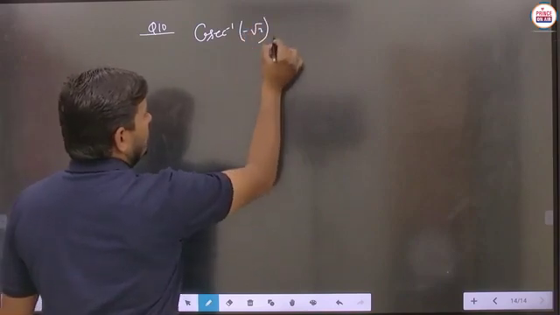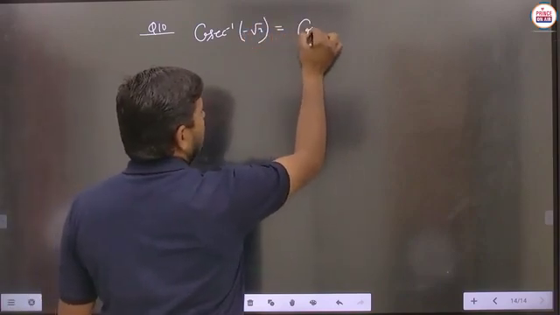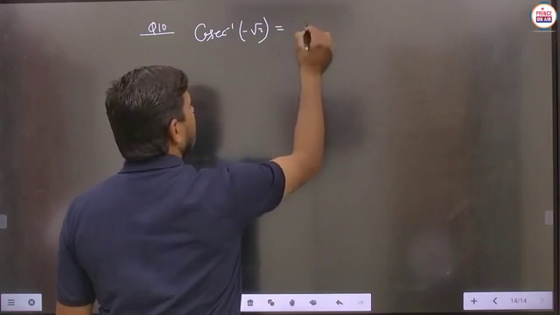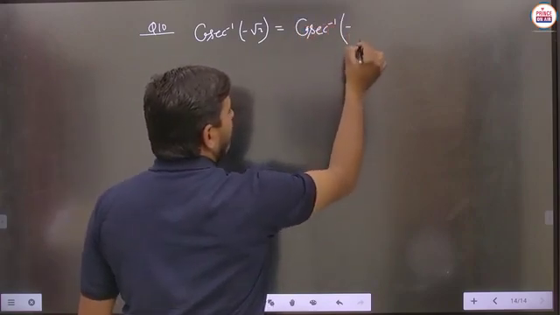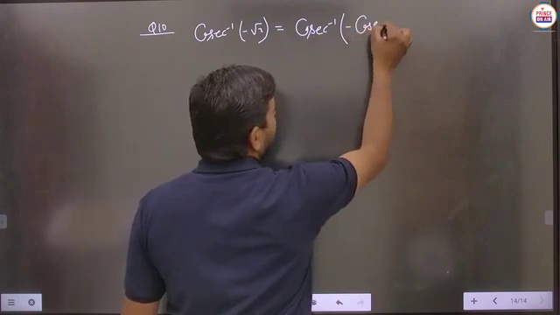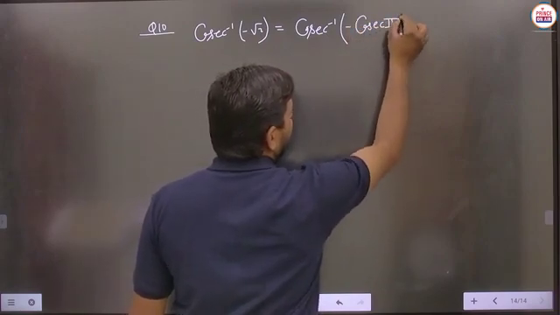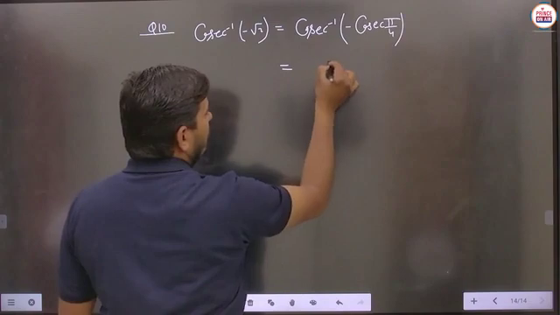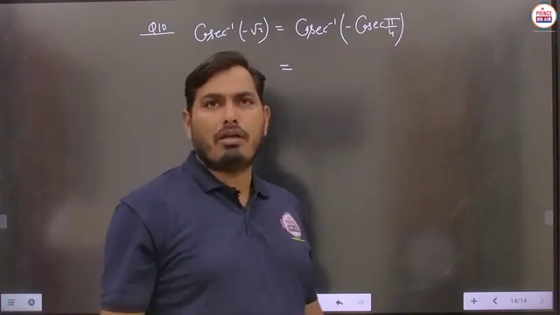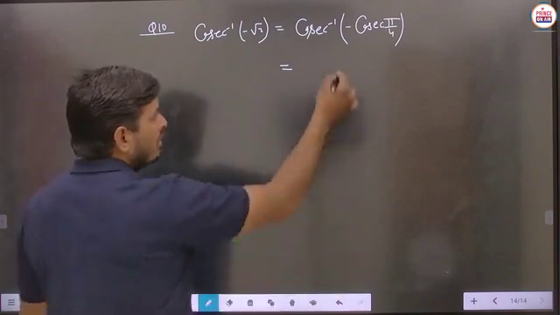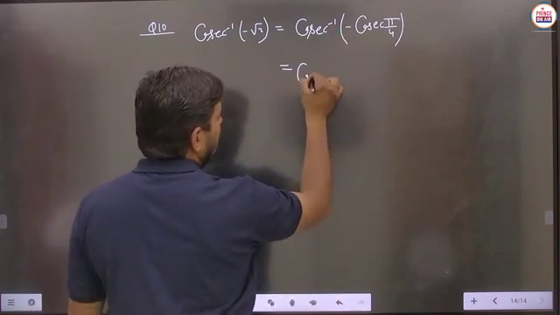In this case, first of all, root 2 can be written as cosec pi by 4, so cosec inverse of minus cosec pi by 4. Now you know very well cosec of minus theta is what? Cosec of minus theta is minus cosec theta. So you can absorb this negative sign inside the cosec function.